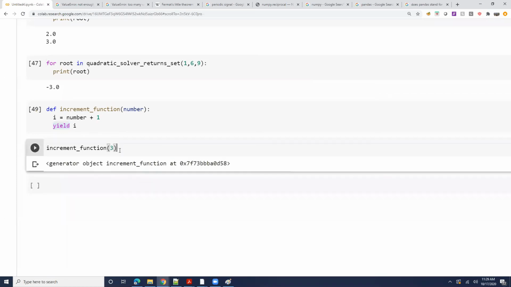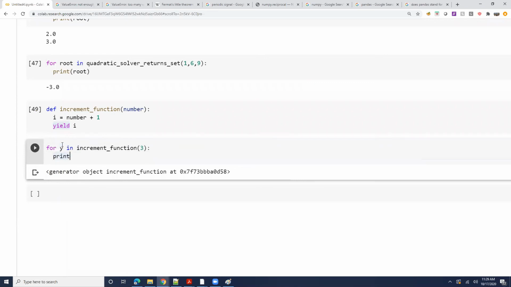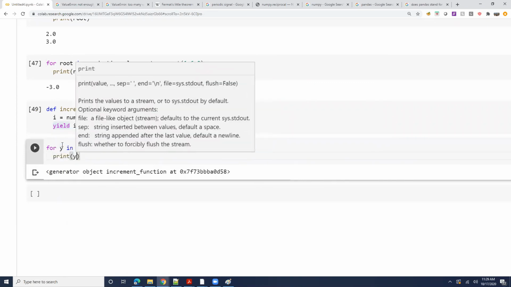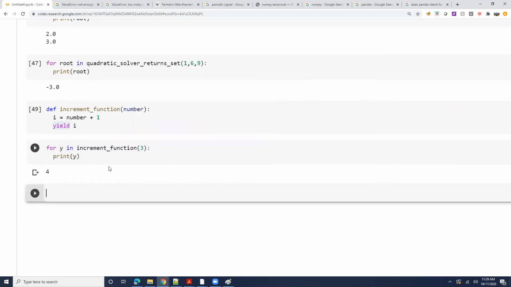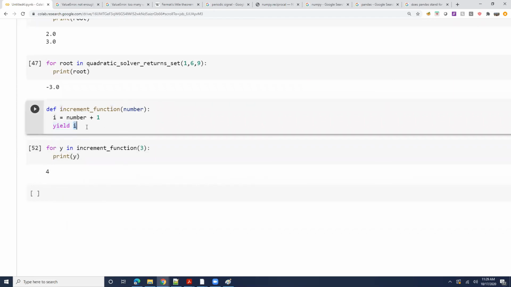It's returning a generator object. So if I call it with for i in the increment function, print, it now printed a 4, right? I don't have to return. Yield is similar to a return.